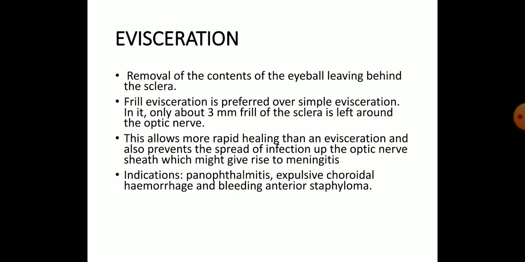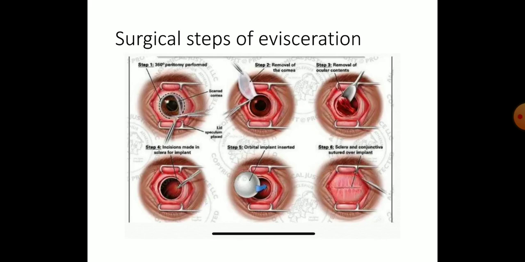So what are the conditions where evisceration is done? One is when the entire eyeball is inflamed, panophthalmitis. Next is severe bleeding anterior staphyloma. Then expulsive choroidal hemorrhage. Whenever we say bleeding from the uterus, we say the last point will be hysterectomy, like that. Bleeding anterior staphyloma and expulsive choroidal hemorrhage.